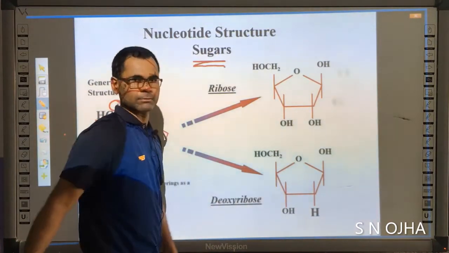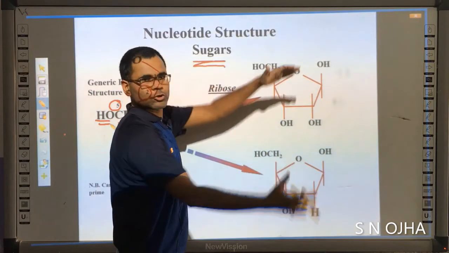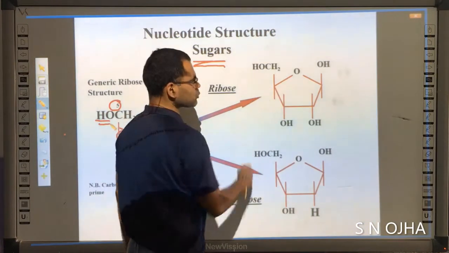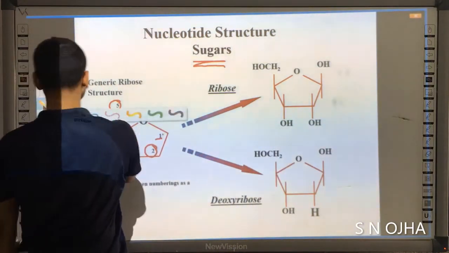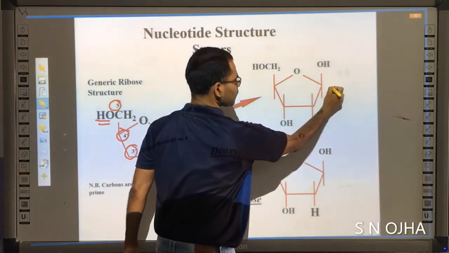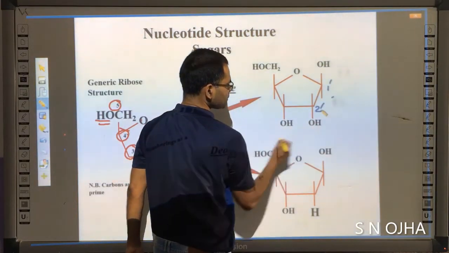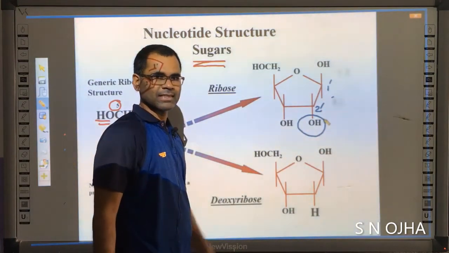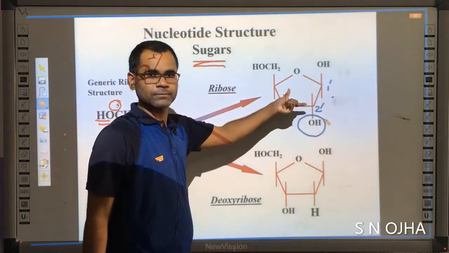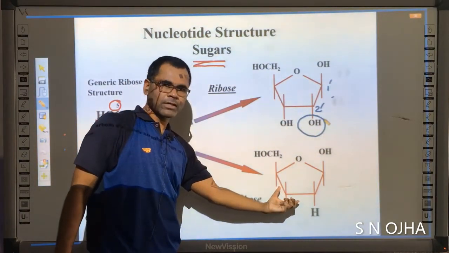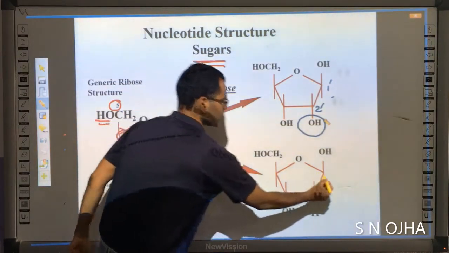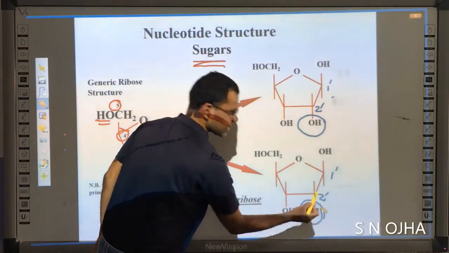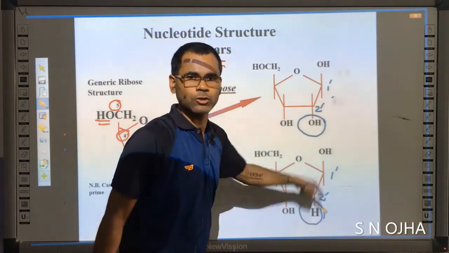Just compare the structures. This is ribose and this is deoxyribose, and if you compare the chemical structures, we will see some minute differences. In ribose sugar, this is 1 prime and this is 2 prime. On the 2 prime carbon you will find a hydroxyl group. That's why it is termed ribose. But in deoxyribose sugar, at the 2 prime position you will only get a hydrogen, not a hydroxyl group.